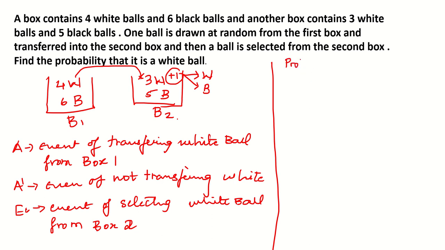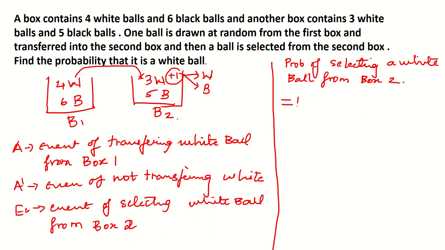The probability of selecting a white ball from box 2 depends on two things: the ball selected from box 1 is white, then the probability of E given A, plus the first ball chosen from box 1 was A dash, that is not white, then the probability of choosing a white ball from box 2 given A dash.